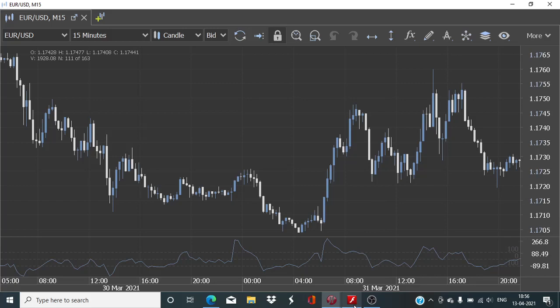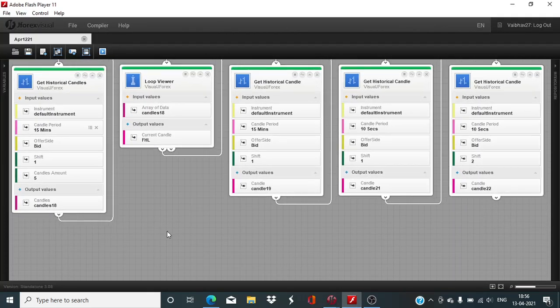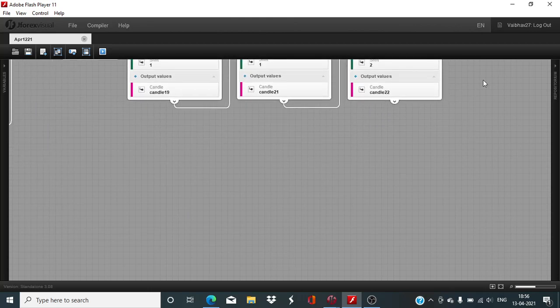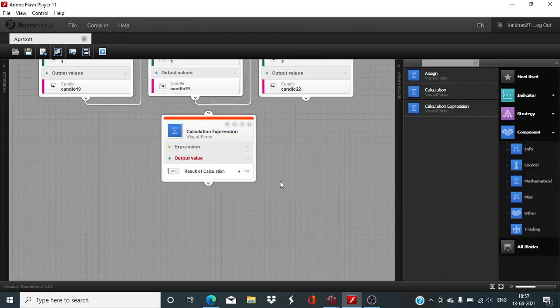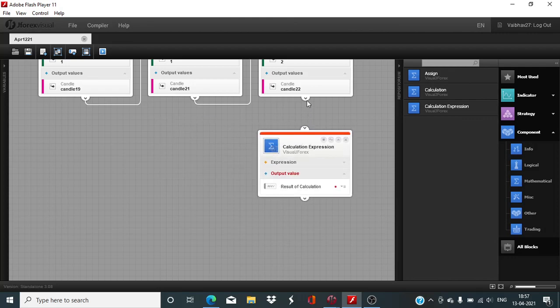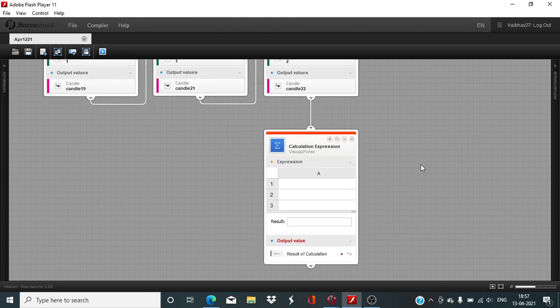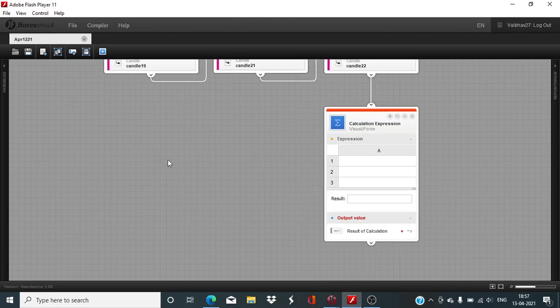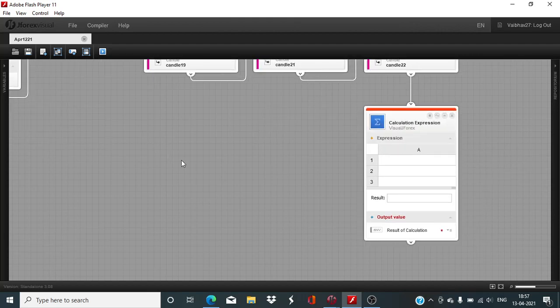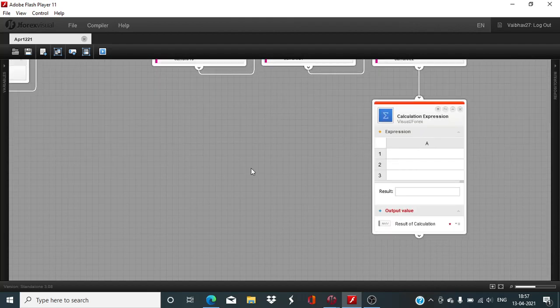Now let us go back to the Visual JForex platform, and here the first thing we will start with is the calculation expression block, and in it we will be looking to create a new variable.